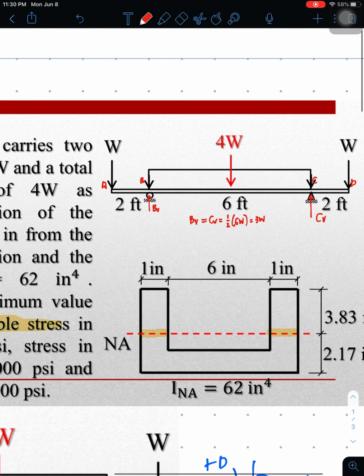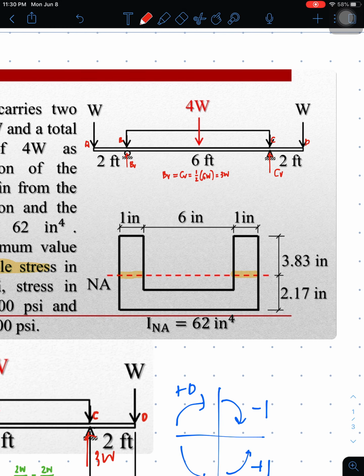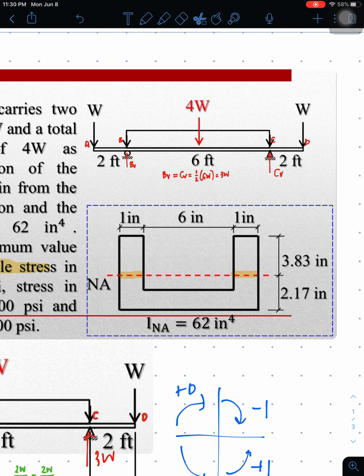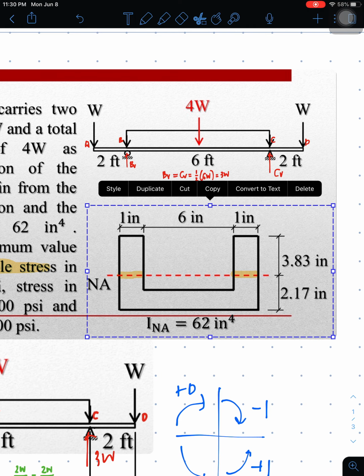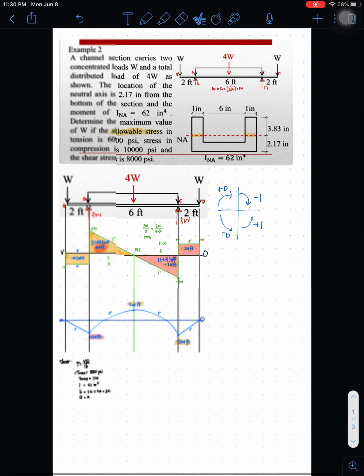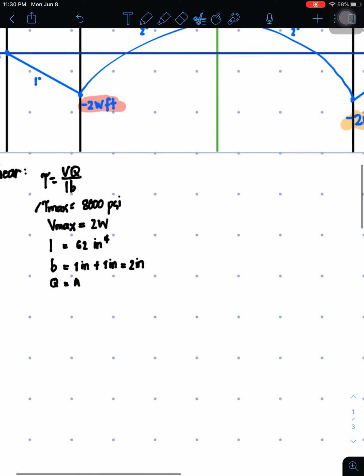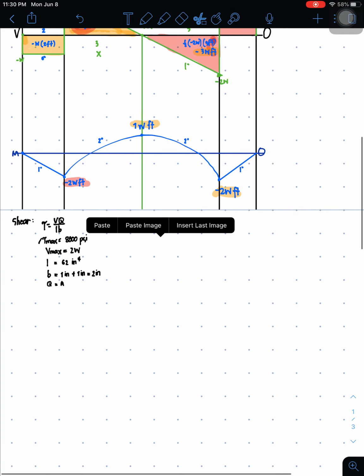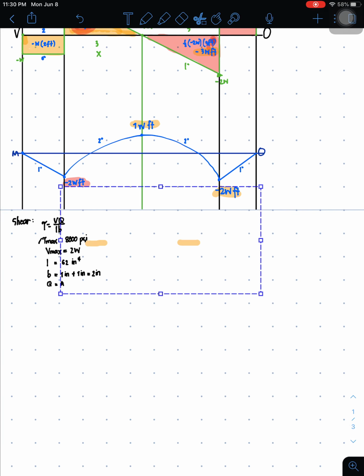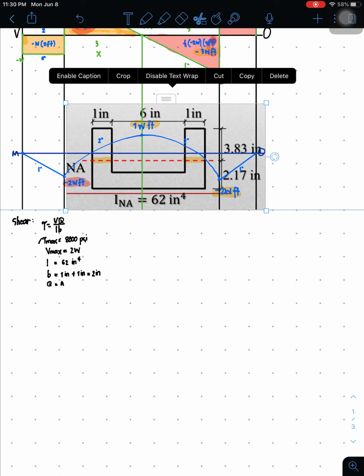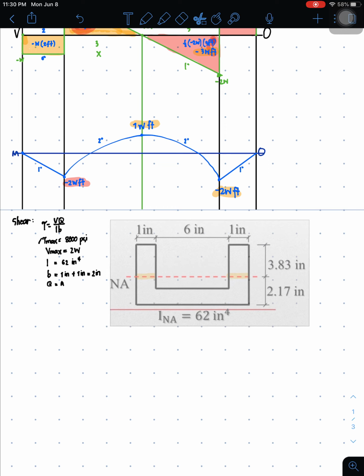So this is 30W. Okay, and I'll cut now this one. There. It's cut. And then paste it here.